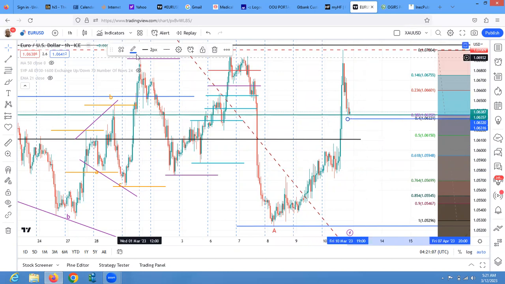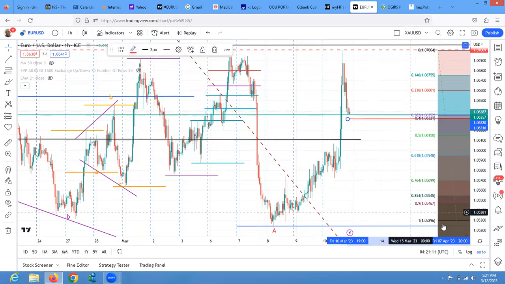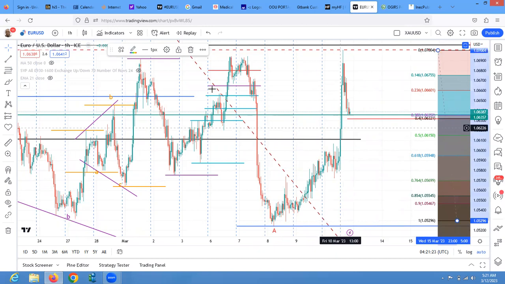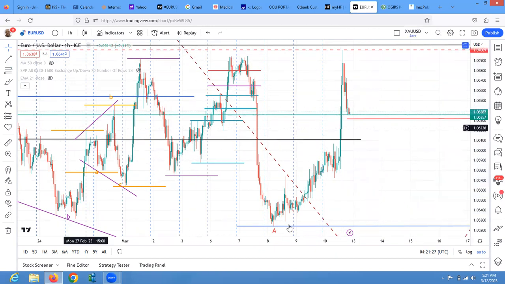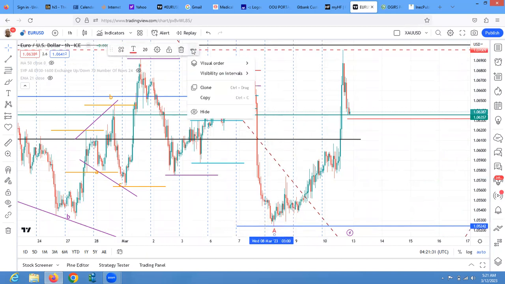So once it breaks that level to the downside, inside correction already. That's what I'm telling you. So that means this old wave is done and dusted. That means this will now be A blue. So I want to confirm that that is A blue.